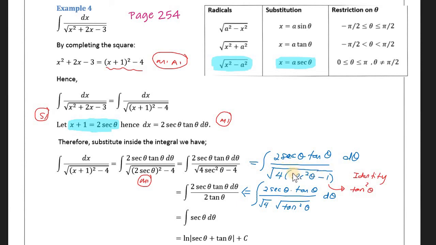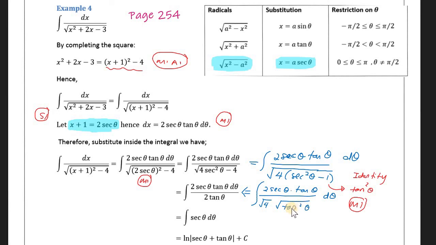So basically what happened was, you are to factorize. And since we have multiplication of a radical, you split the radical. And for secant square minus 1, you are to use an identity. Look at your formula list, secant square minus 1 is tangent square. So get it there. There's an M1 for the identity that you used.